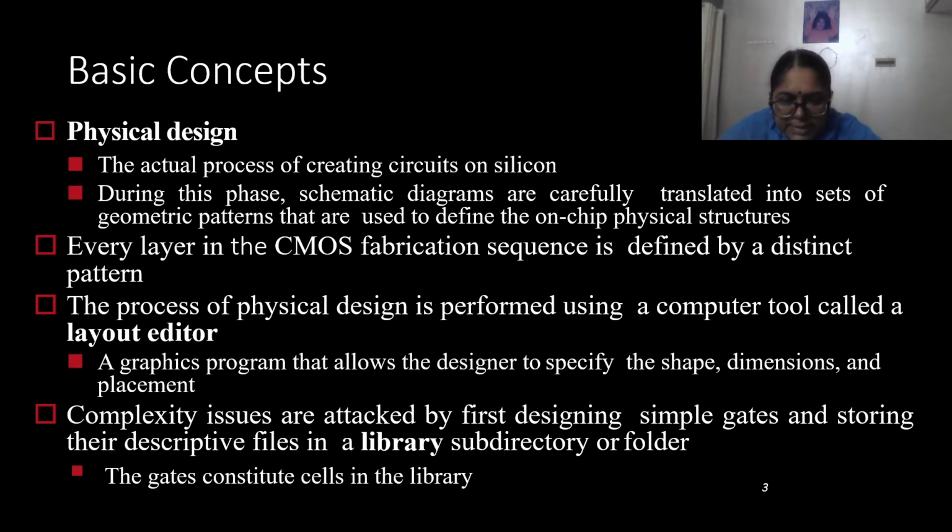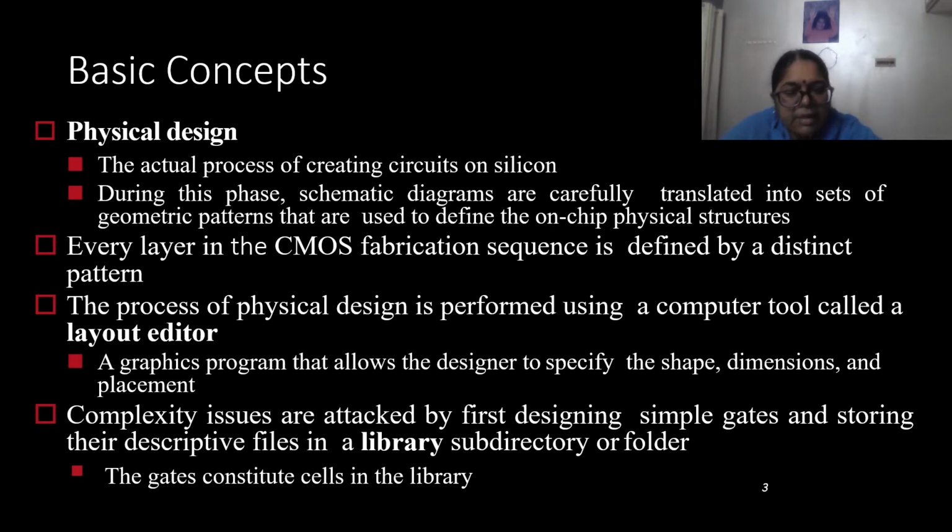So, what we do is that basic gates like NAND gate, NOR gate, NOT gate or inverter, etc. are first designed, and these designs are stored as cells in the library of the computer tool, and then using these gates from the library, further complex circuits can be designed.